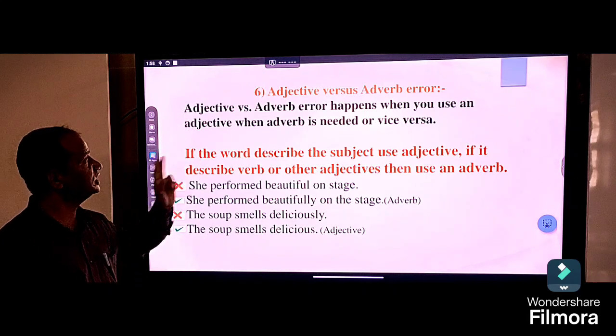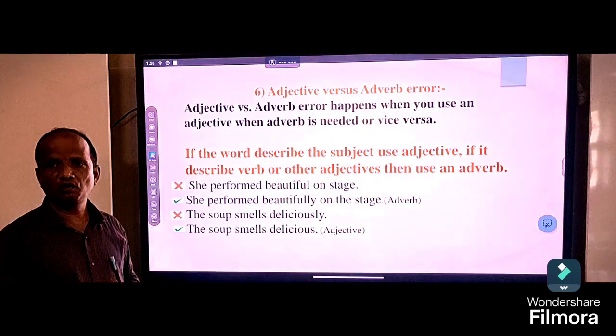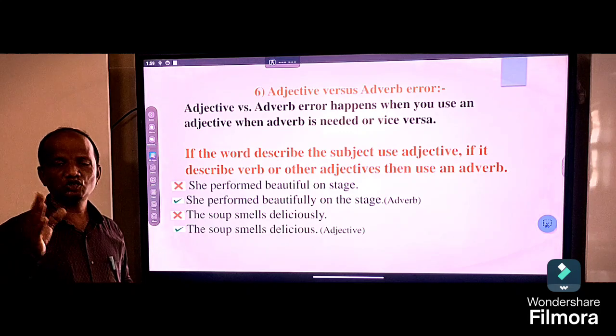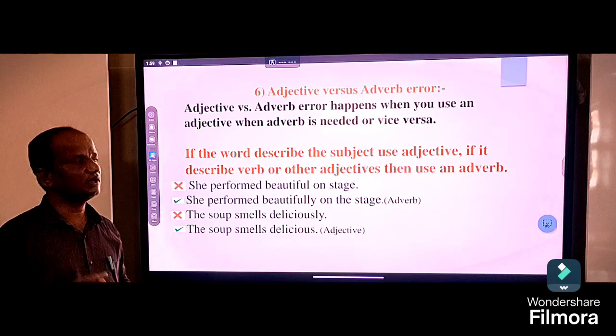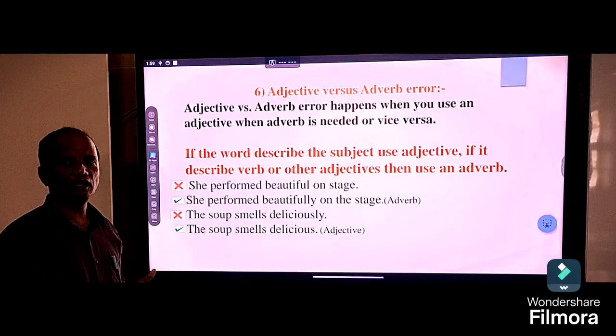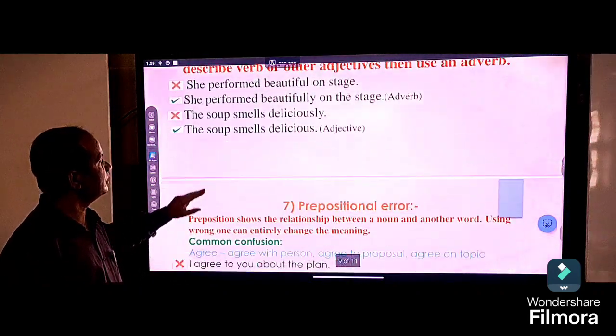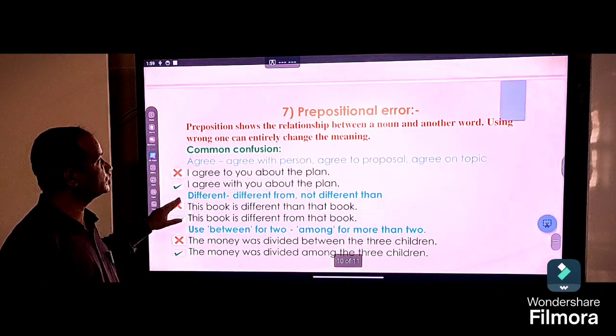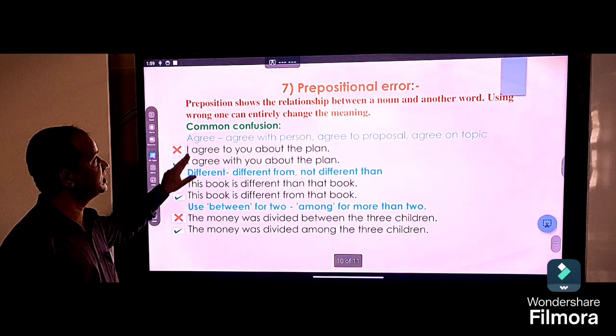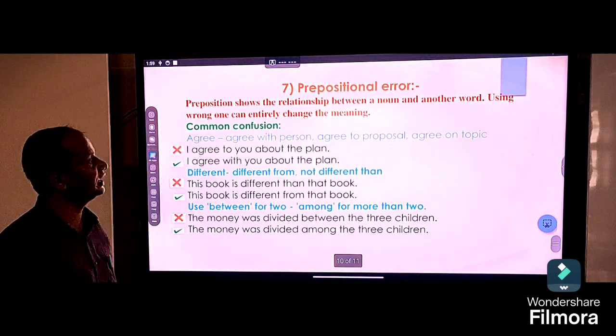Here we have seen that in the adjective-adverb error, appropriate use of adjectives and adverbs should be done in order to avoid this error. Then we are coming to the last error in the sentence, that is prepositional error.